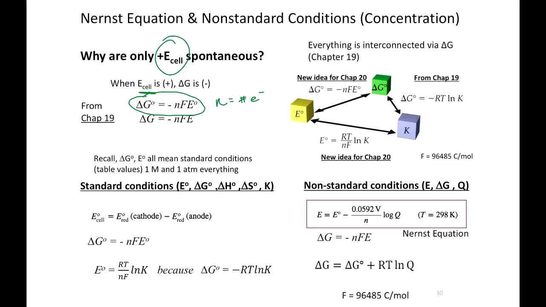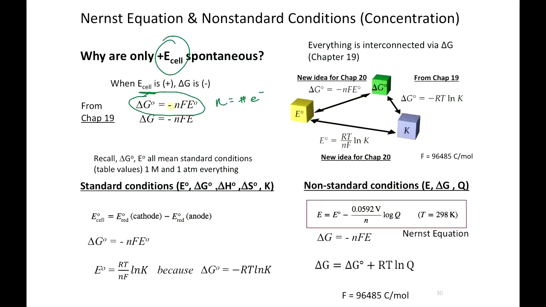You can see delta G and E are related by a negative sign. So anything with a positive E is going to have a negative delta G. That's why we were always looking for positive E values to mean spontaneous in the forward direction. You were doing that subconsciously all this time, but the reason is this equation. Positive E's give very negative delta G's, which, back in chapter 19, means spontaneous.